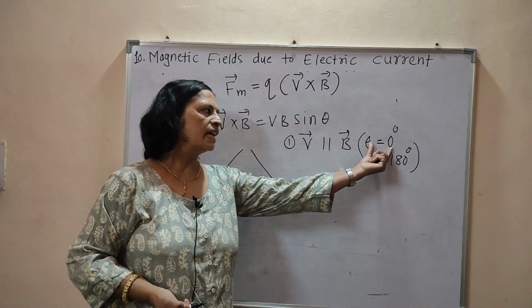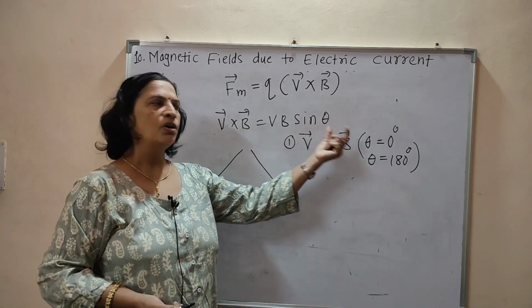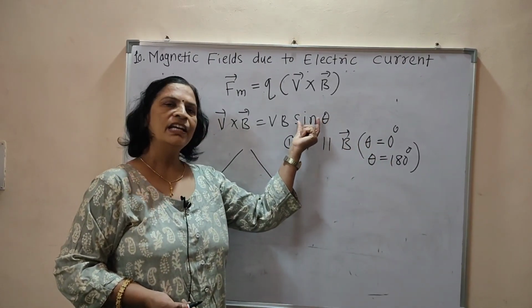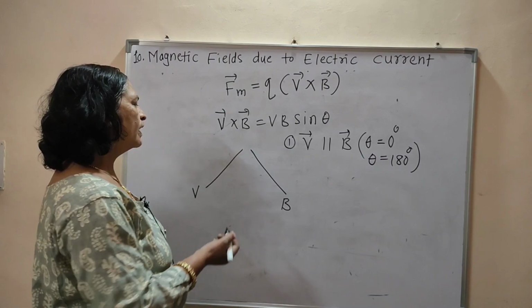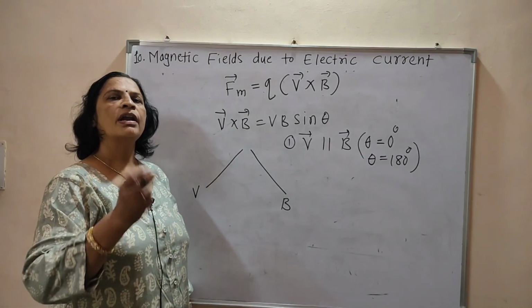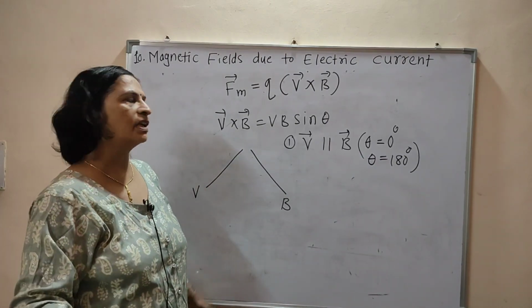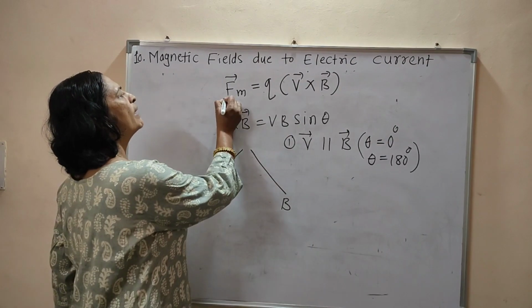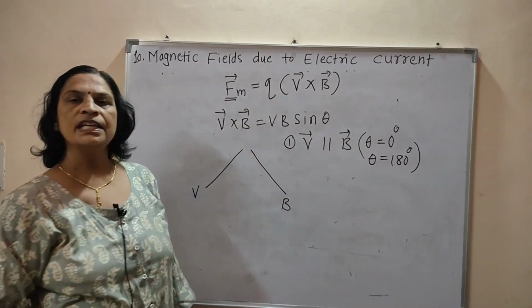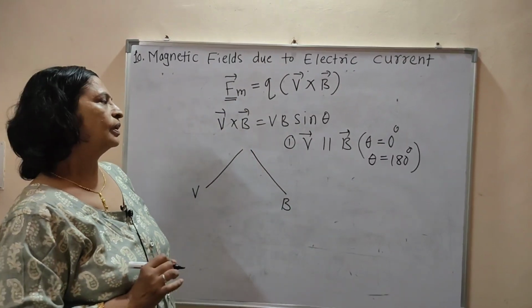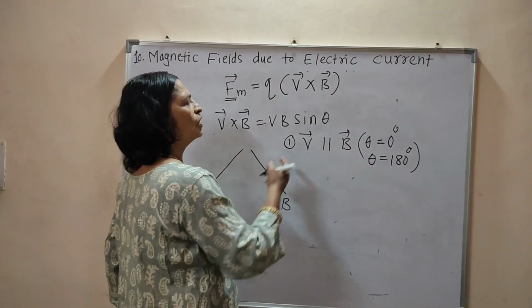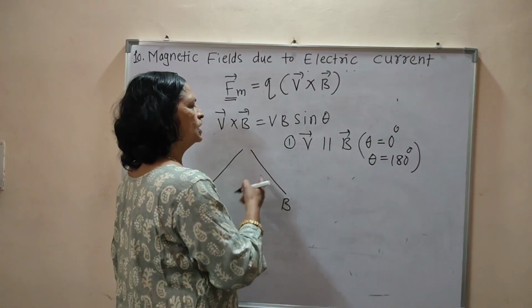We know that sine 0 equals 0 and sine 180 equals 0. This means when V is parallel or anti-parallel to B, the magnetic force is always equal to 0. This is the first consequence of the Lorentz force.